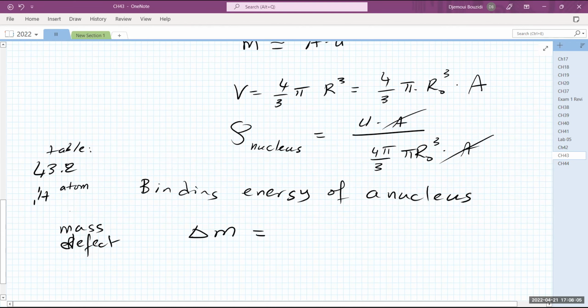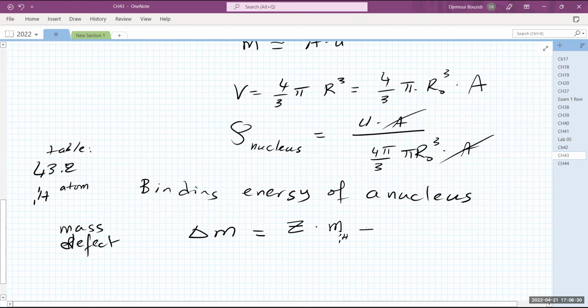So if I take the number of protons, Z, and multiply it by the mass of the hydrogen atom, this is the hydrogen atom itself, okay? That means I already counted the protons and I counted the electrons in the atom that I'm considering in this case.